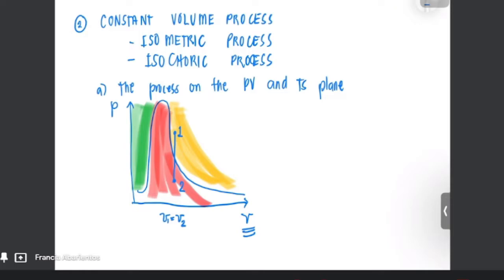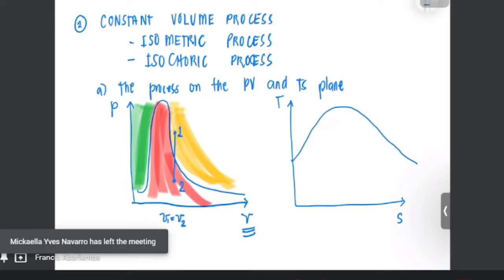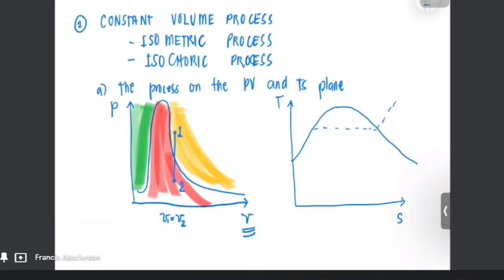And also, in the TS diagram class, in the TS plane, iba na siya class. So, ito yung constant temperature natin, as well as yung constant pressure.